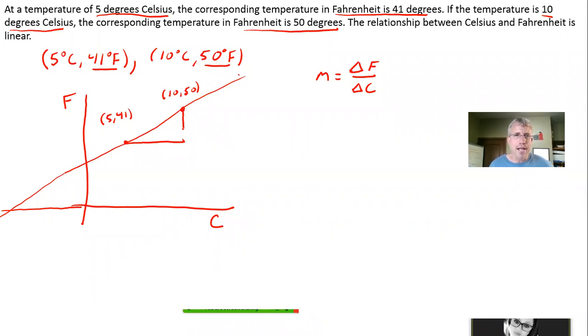You do rise over run, and the run is going to be a change in Celsius, and the rise is going to be a change in Fahrenheit. So when you calculate the slope of this line, it isn't y2 minus y1 over x2 minus x1. It's literally 50 degrees Fahrenheit minus 41 degrees Fahrenheit.